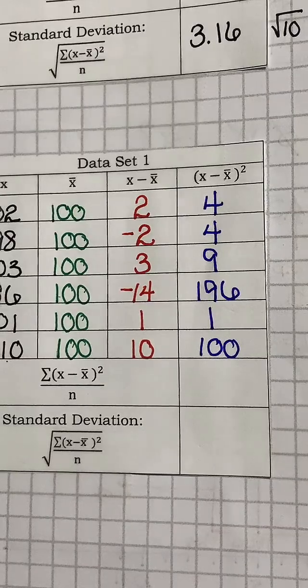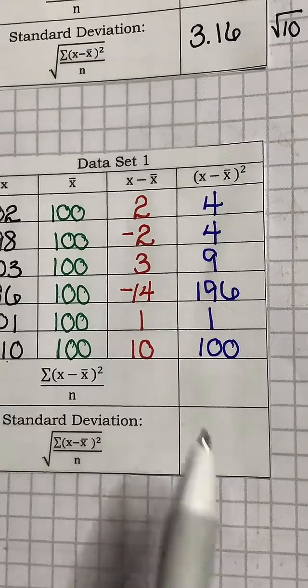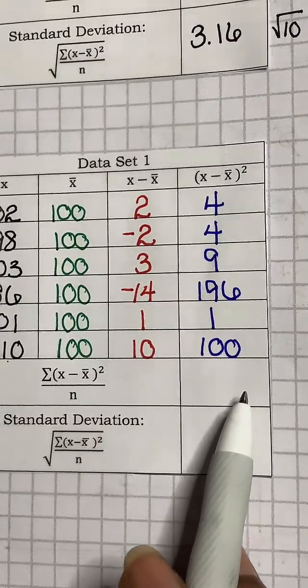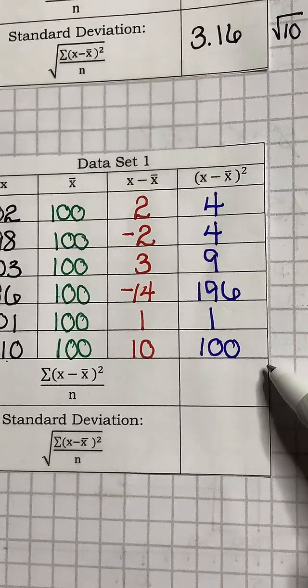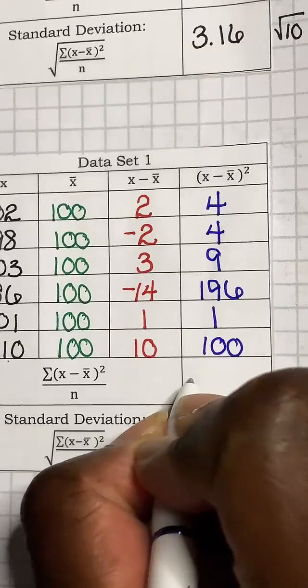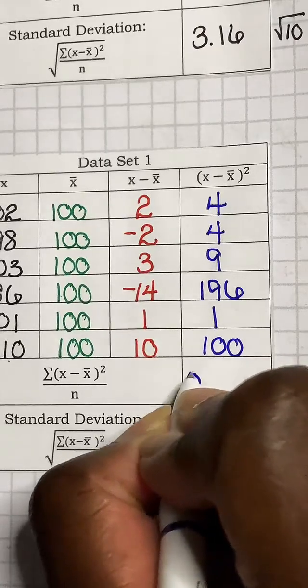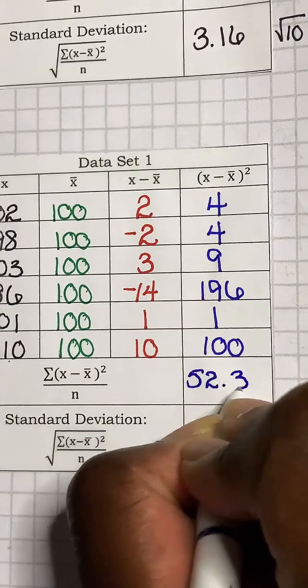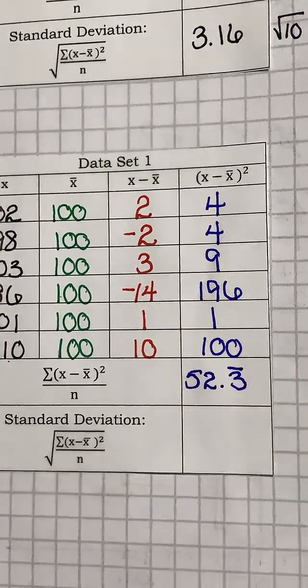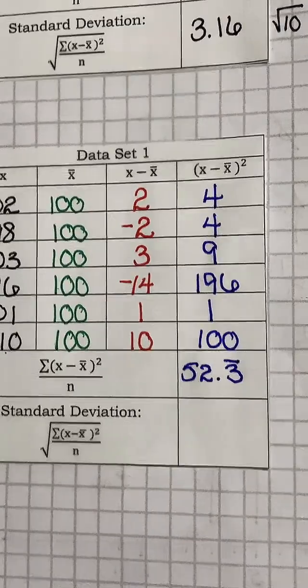Oh, good. All right. So once we get our 314, when we add it up, we divide it by the 6, and we got 52.3. Those 3's are repeating like there's no tomorrow.